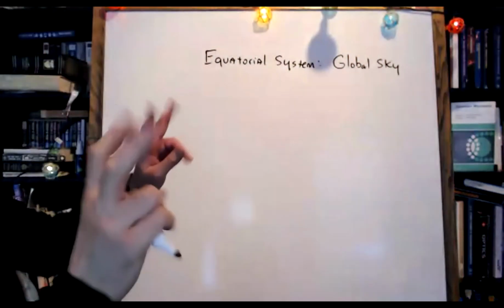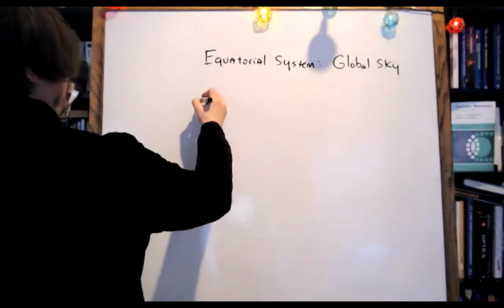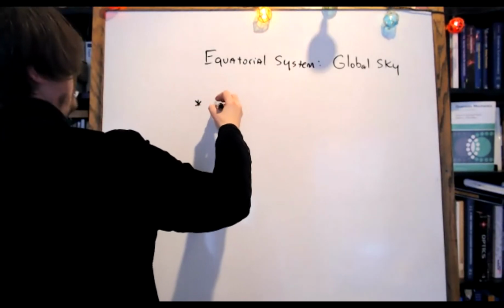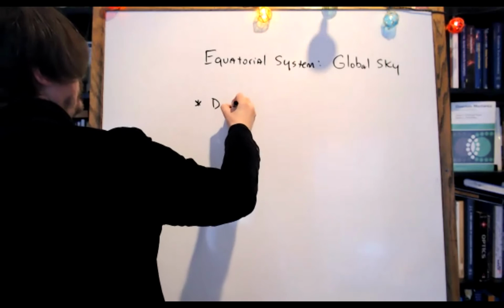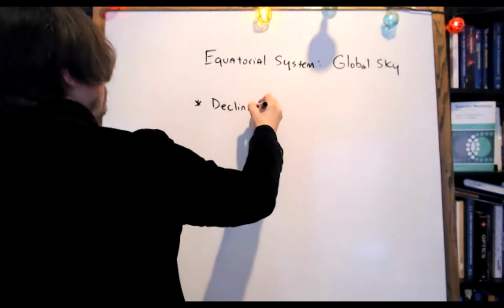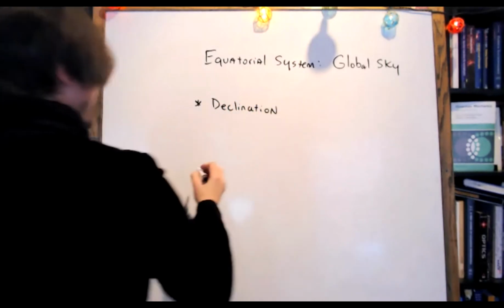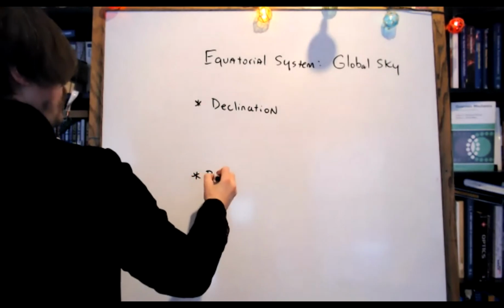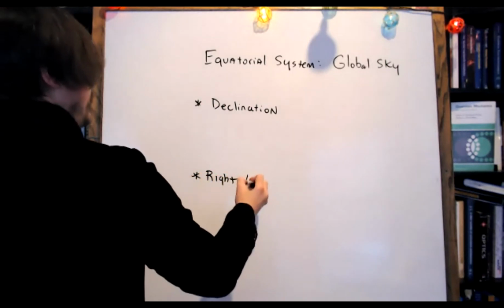It uses two angles that have funny names. One of the names is declination. The other angle is called right ascension.